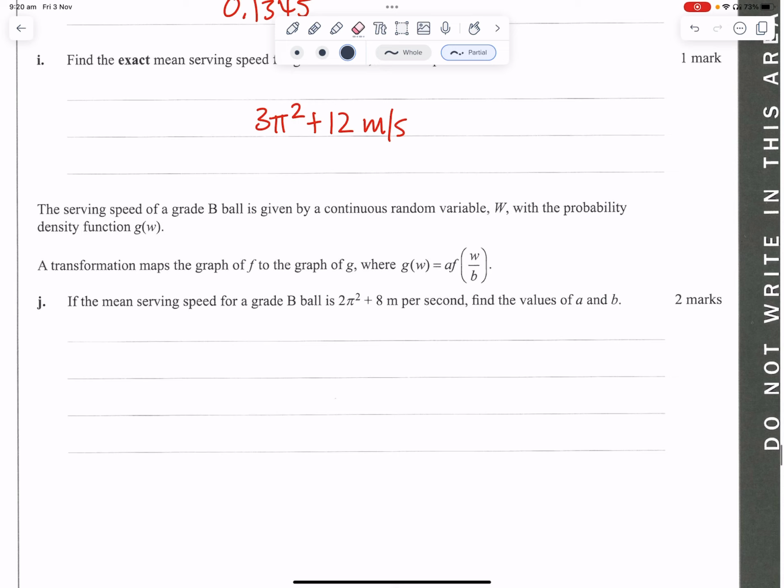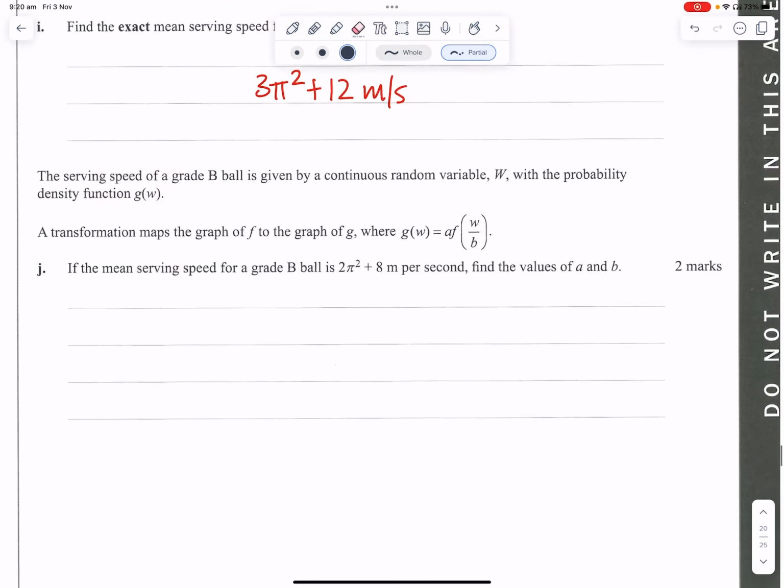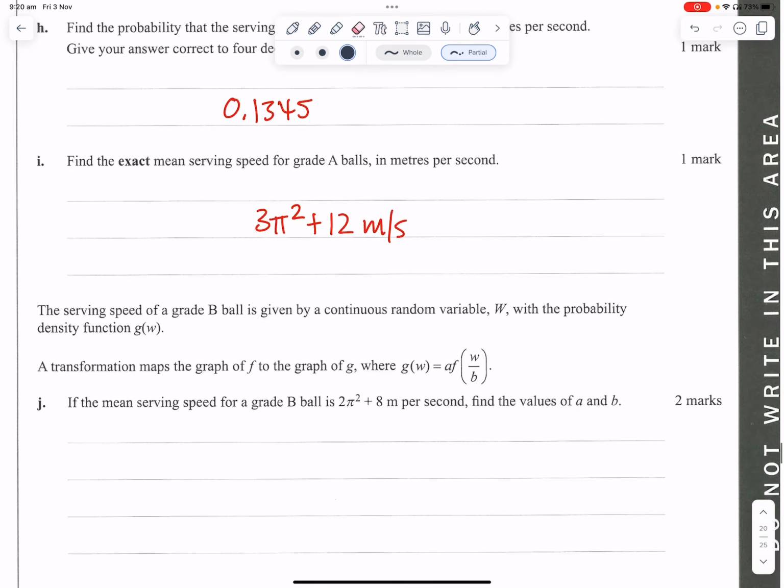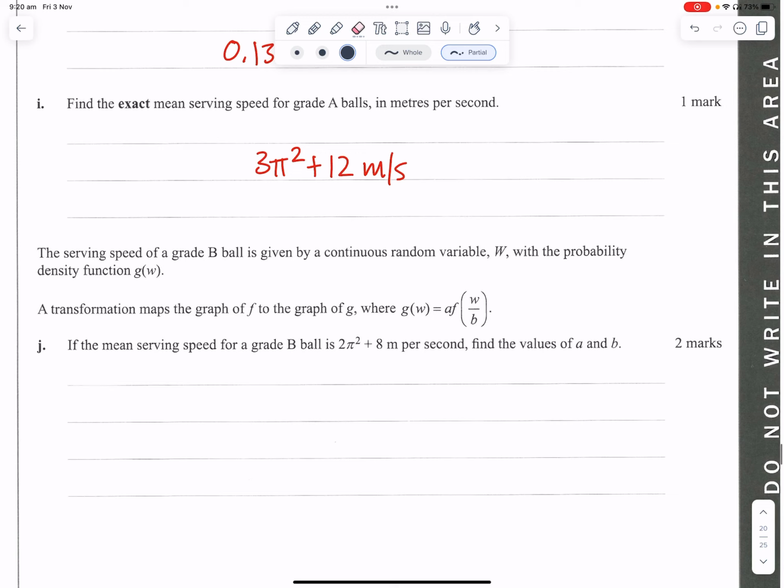So if we wanted to dilate 2/3 from the x-axis and 2/3 from the y-axis, g of w, hang on, it's the other way around.